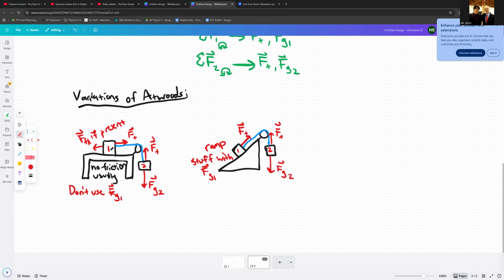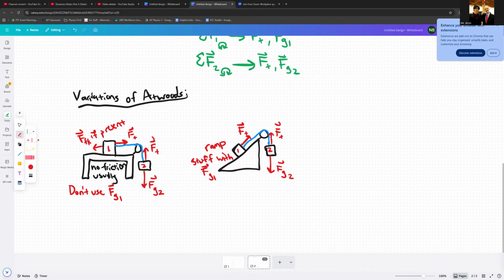It doesn't affect the clockwise, counterclockwise motion of the objects around the pulley. Okay, but yeah, the ramp stuff we'll do later. We'll figure out how to deal with force of gravity on an angled, inclined plane with a ramp, and these ones would get kind of complicated because the ramp stuff is already just kind of complicated, and you hopefully won't see too many of those.